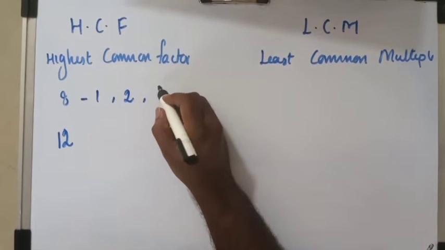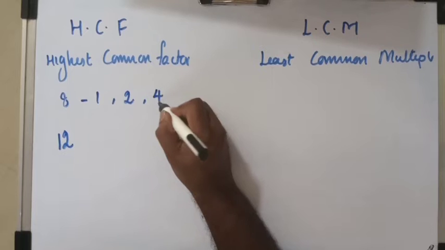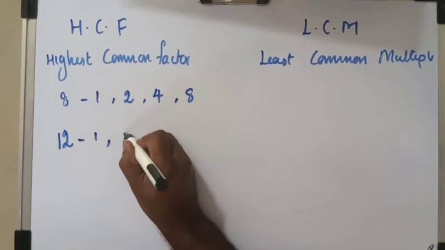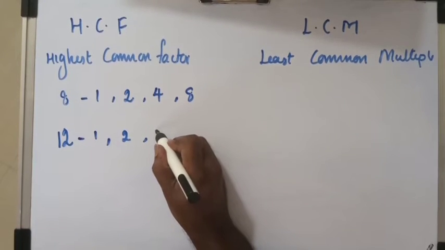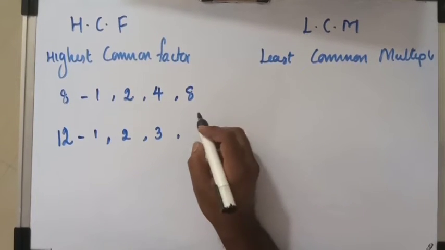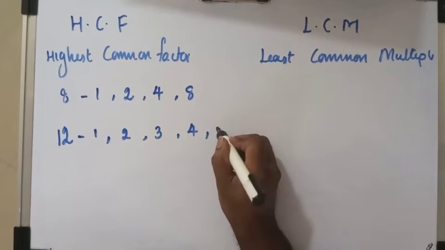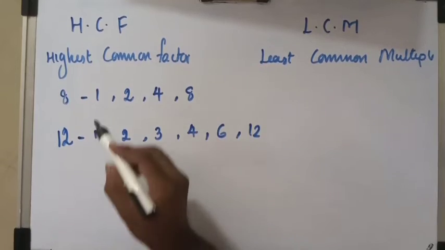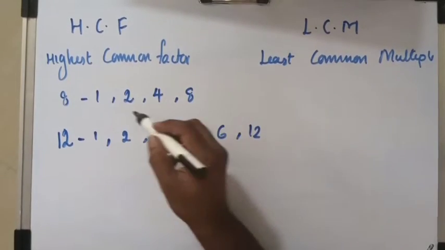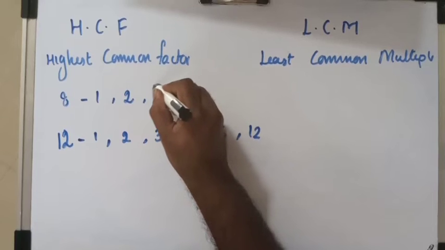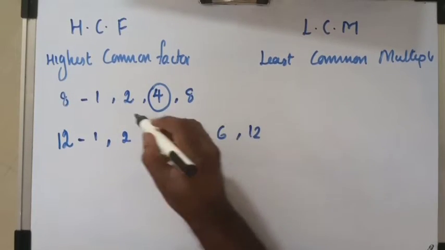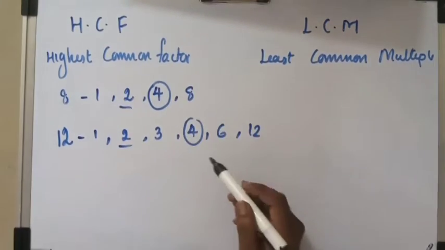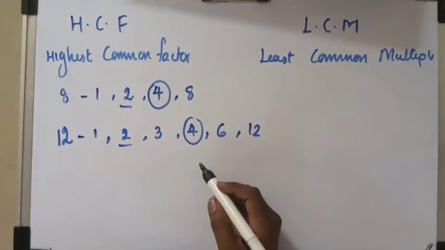After that you have 4, and then 8. For 12, 1, 2 are factors. 12 goes in the table of 3, then 4, then 6, then 12. Okay, so if you find what is common in both of these factors, the highest common factor is 4. 2 is a common factor, but here the common factor should be highest. So here 4 is the highest common factor.